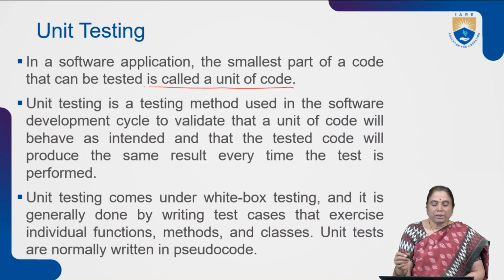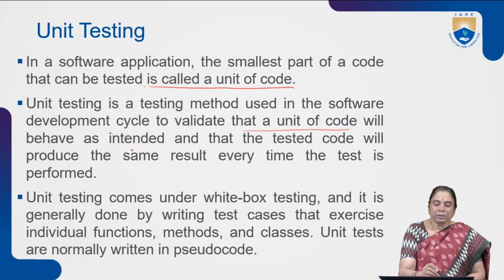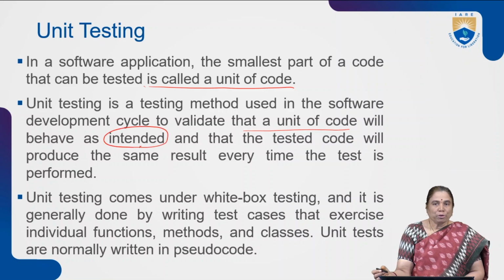Unit testing is the testing method used in the software development life cycle to validate that a unit of the code behaves as intended according to the specification. The functionality of the independent component of the project code, that is the unit, is tested. So the tested code will produce the same result every time the test is performed.